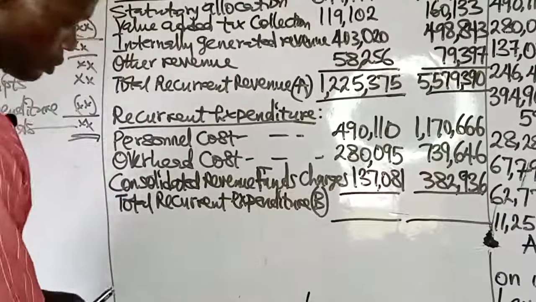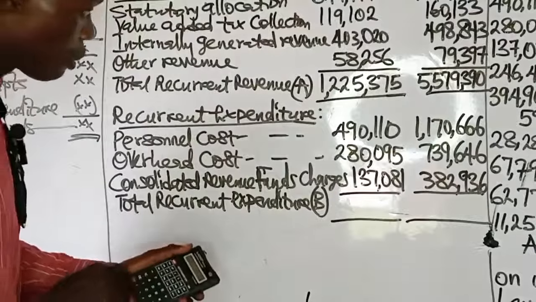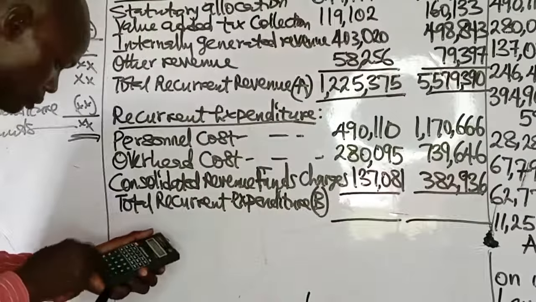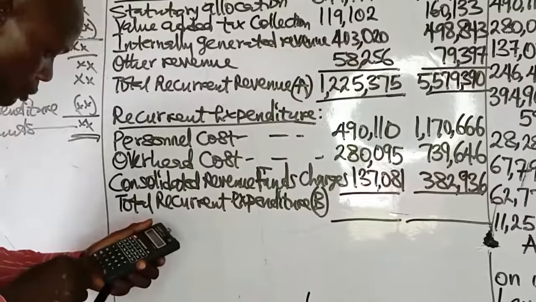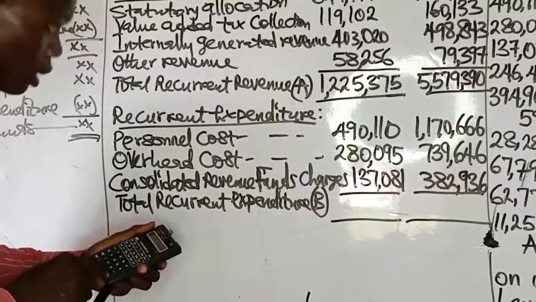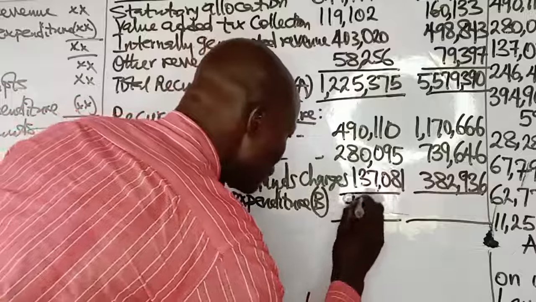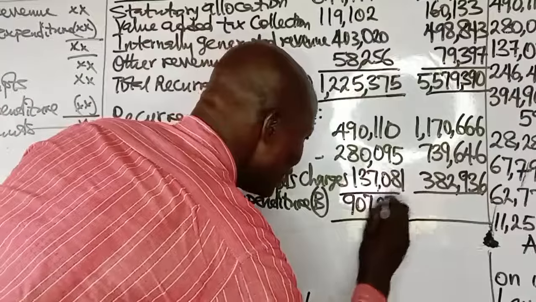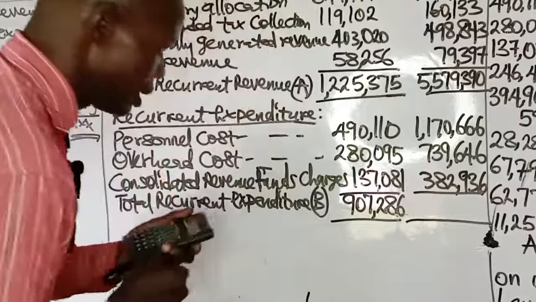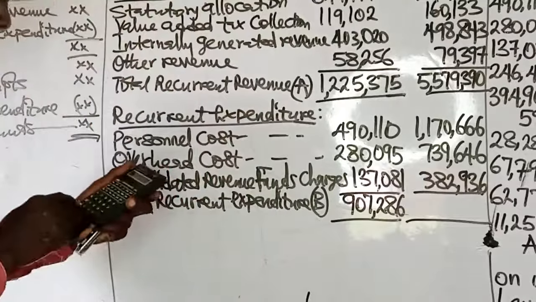So, 490,110 plus 280,095 plus 137,081. That is totaled 907,286. That of 2018.